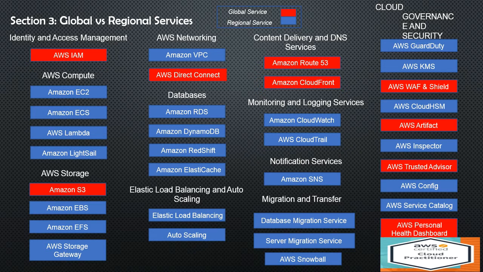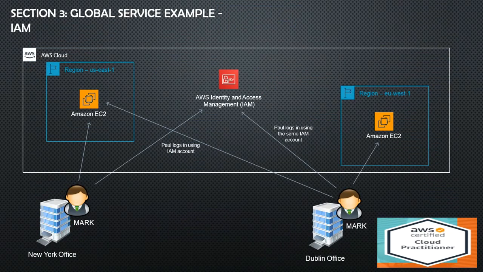Apart from that, all the other ones in blue are regional services. So if you run an Amazon EC2 instance in one region and then change your region to another region, you will not see those EC2 instances. Okay, so let's move on to the next slide.